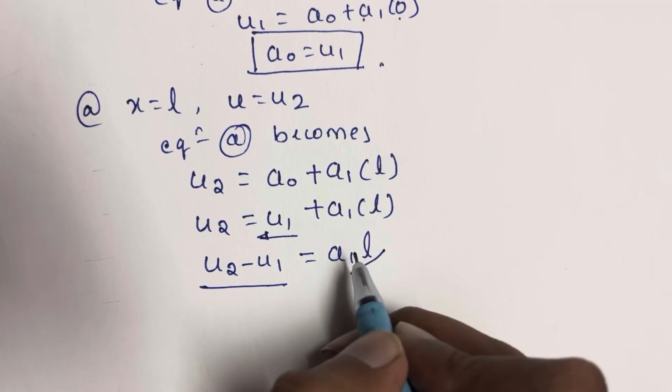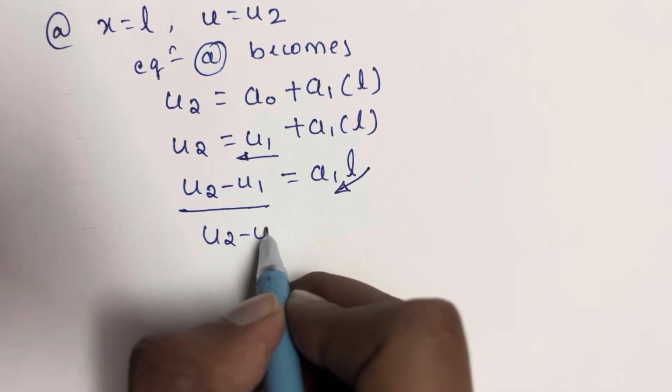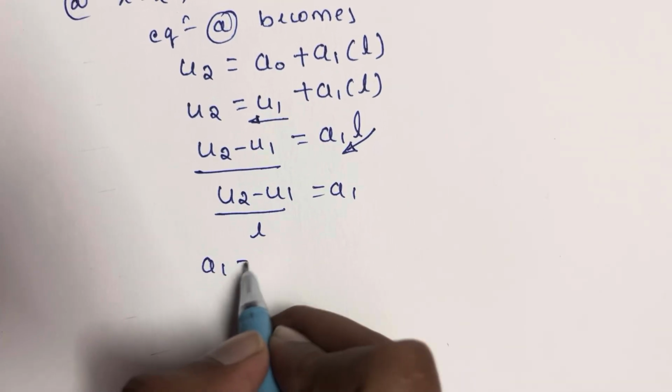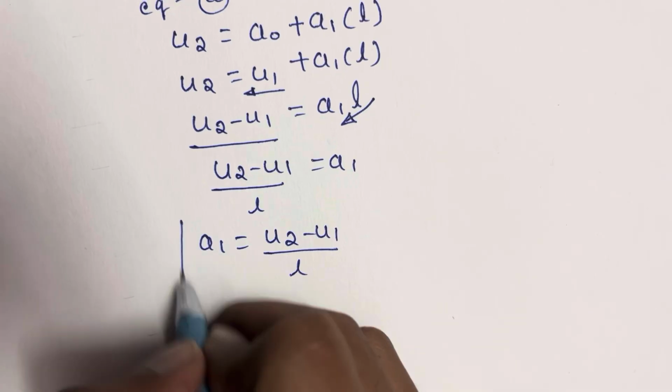Here it is multiplication; after shifting it will be division. So finally a1 is equal to u2 minus u1 divided by L.